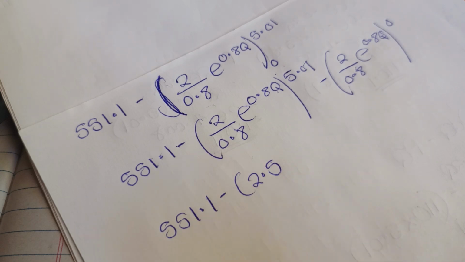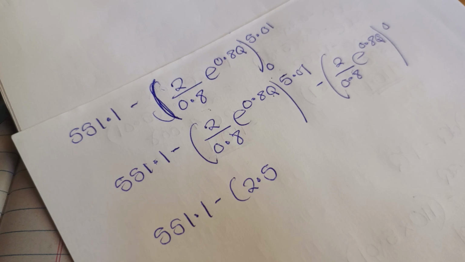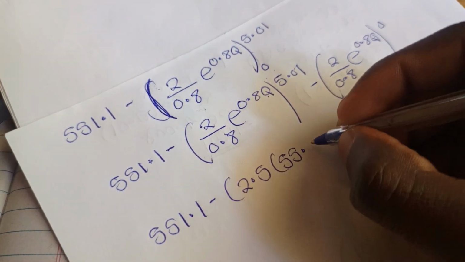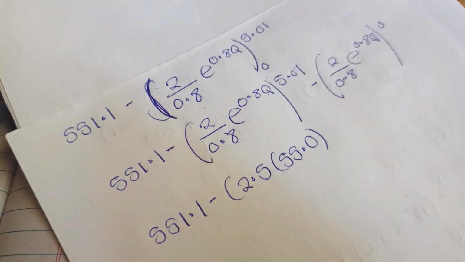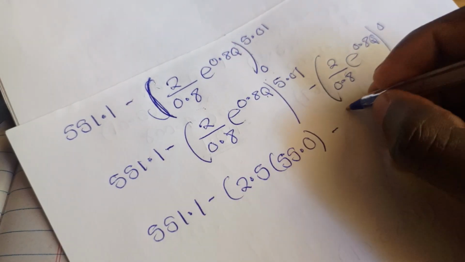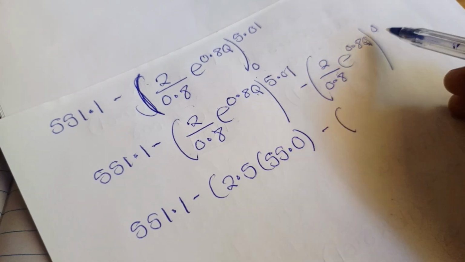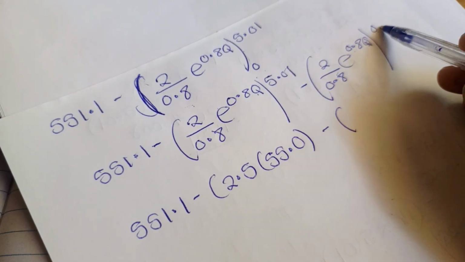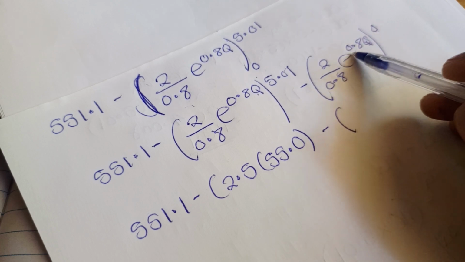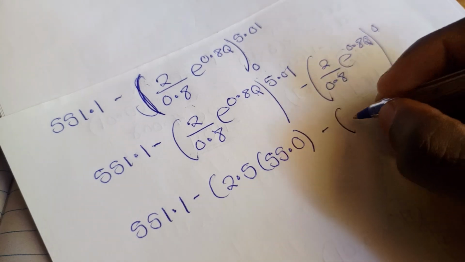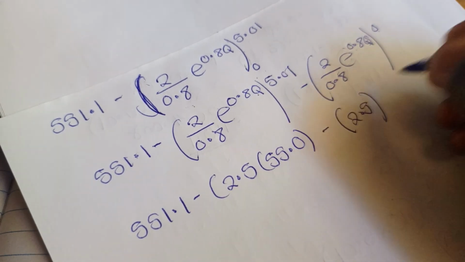Then shift exponent 4.008, it is giving us 55.0. Then we can replace q with a 0. So 0.8 times 0 is 0, then e to the power 0 in this case will be 1. Then 1 times this, it is giving us 2.5.